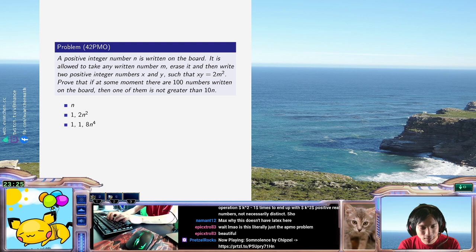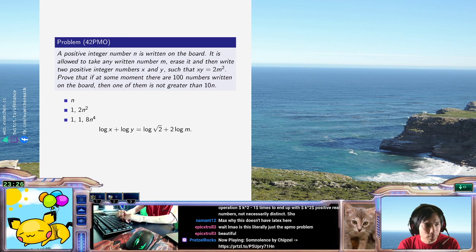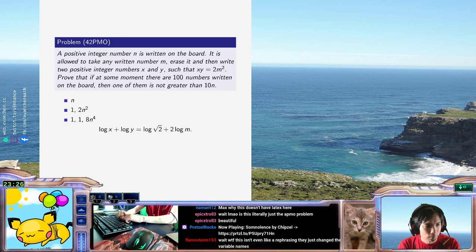So log x plus log y is equal to 2 log root 2 plus 2 log m, which is okay, I hear you kids. It's APMO 2007, that's fine. Which really means I should be able to solve this quickly because it's APMO 1, but I'm not solving.